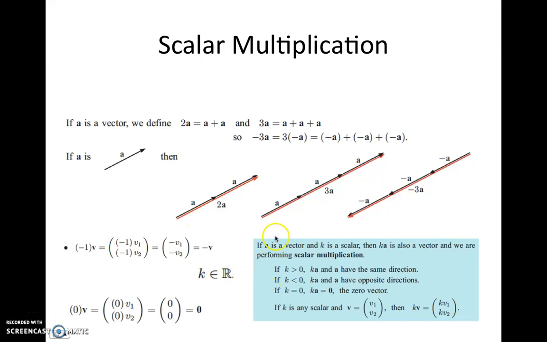If K is less than 0, Ka and A have opposite directions, shown here, where A is going northeast, and here, where you're multiplying by minus 3, and it's going southwest. If K is equal to 0, Ka is equal to 0, the 0 vector. So if K is any scalar, and the vector V is equal to V1, V2, then Kv is equal to Kv1, Kv2, as I explained earlier.